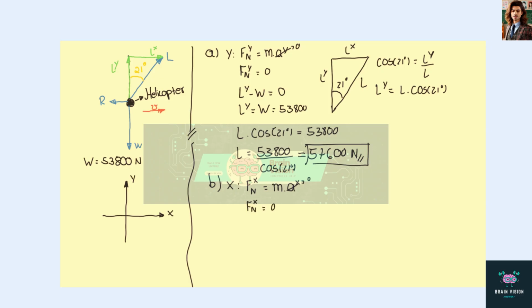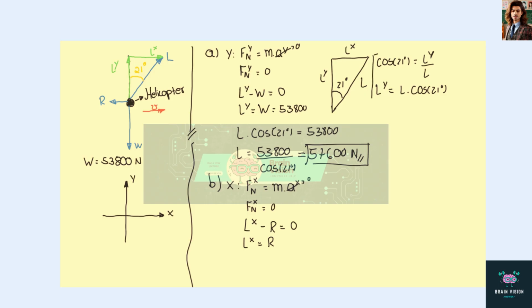But the net force is composed by two forces: the lift force x component and the resistant force R. Then, we have that the lift force x component, which is pointing to the positive direction of the horizontal axis, minus the resistant force is equal to 0. Then, L component x is equal to the resistant force. But what is L component x?